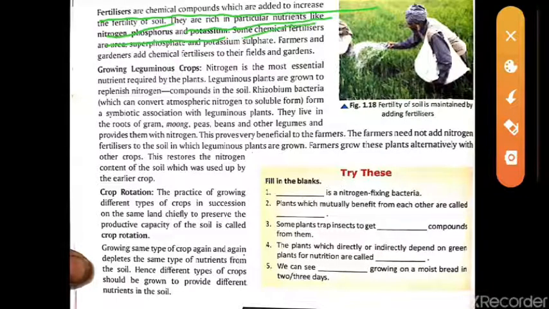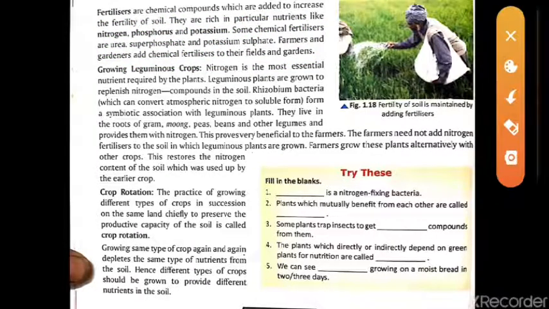Some chemical fertilizers are urea, superphosphate and potassium sulfate. So these all are the names. Farmers and gardeners add chemical fertilizer to their fields and gardens.